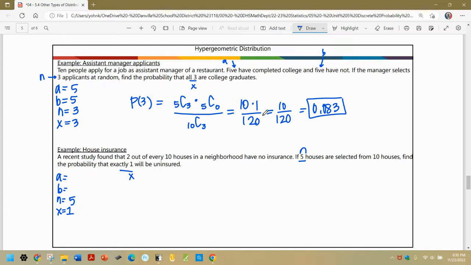Our A is going to be the ones that have no insurance, because our X value is about uninsured. So our A value should be about uninsured. So our A value is going to be 2.